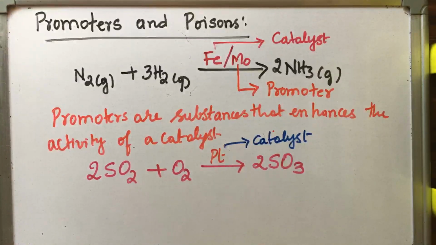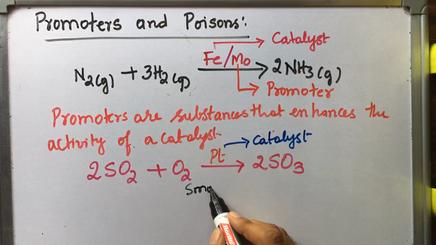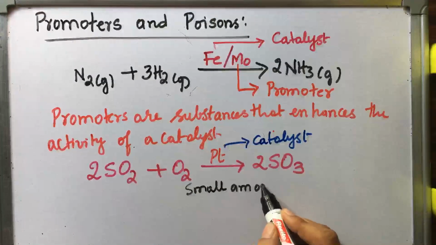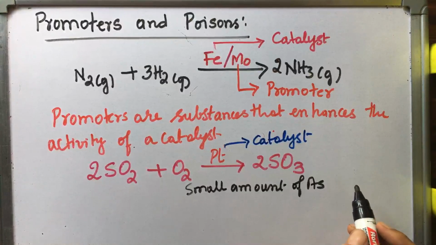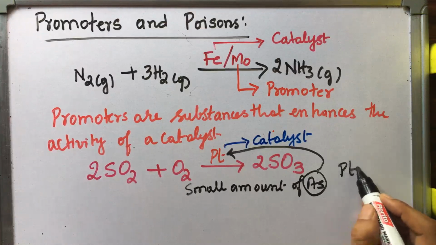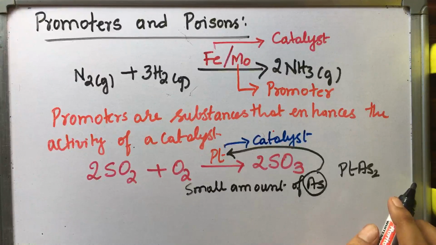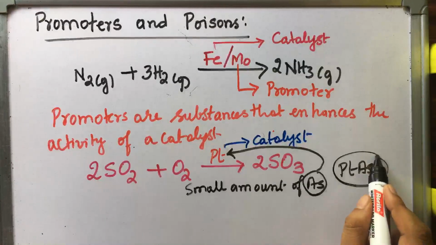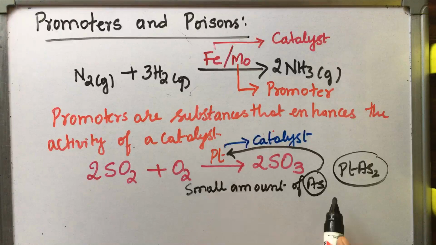Now, if I add a small amount of arsenic, this arsenic combines with platinum and forms PtAs2, platinum arsenide. Once PtAs2 forms, the catalytic property of platinum is lost because of the combination of platinum with arsenic.